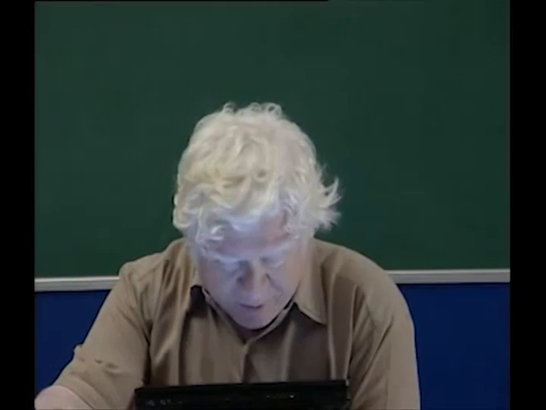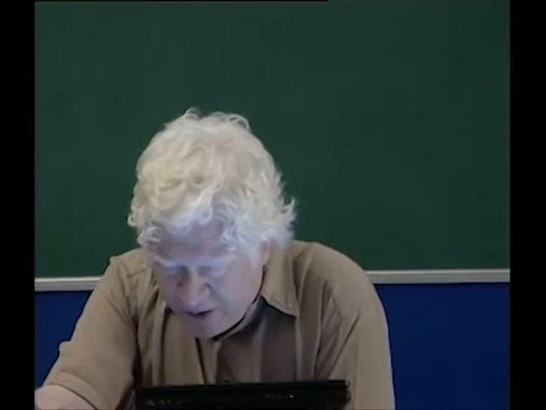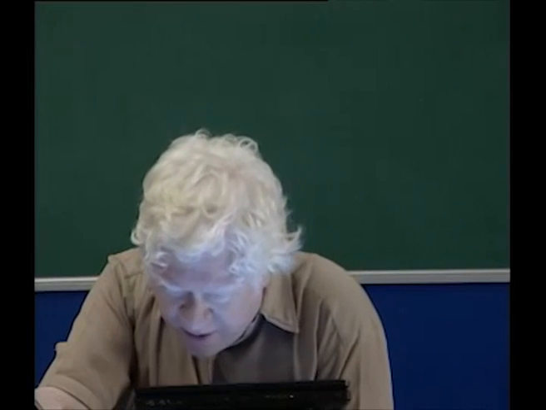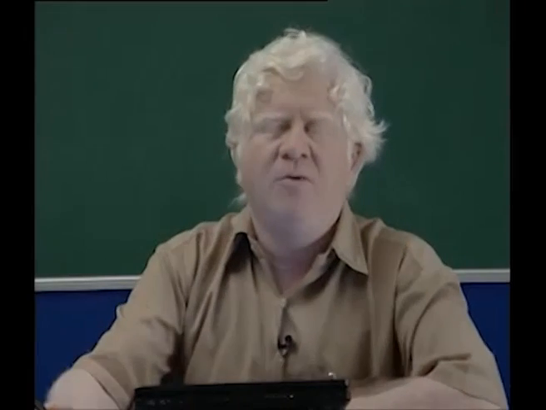For example, the first expression a to the n cos omega naught n u[n] will just become cos omega naught n u[n], an oscillatory function, and that will have a z transform, as you can evaluate from this expression, as 1 minus cos omega naught z inverse by 1 minus 2 cos omega naught z inverse plus 1 by z squared. All right. So, these are the standard forms. One needn't worry beyond the standard forms.